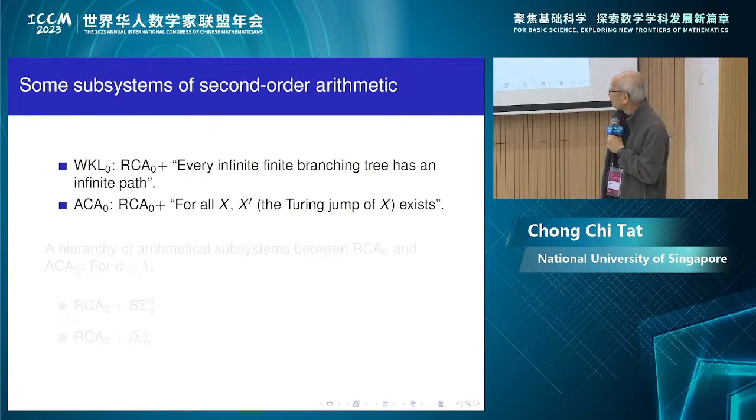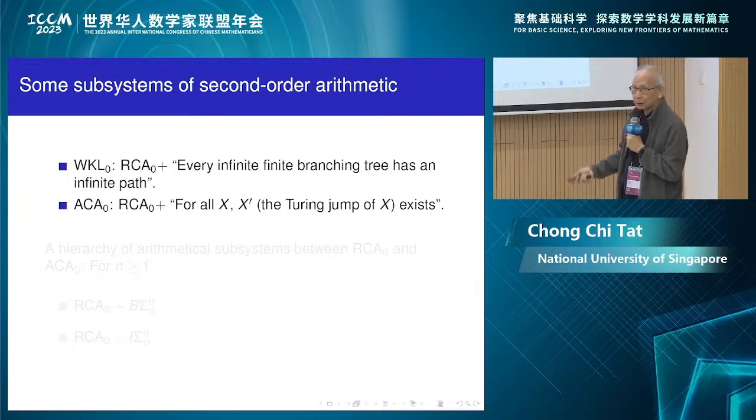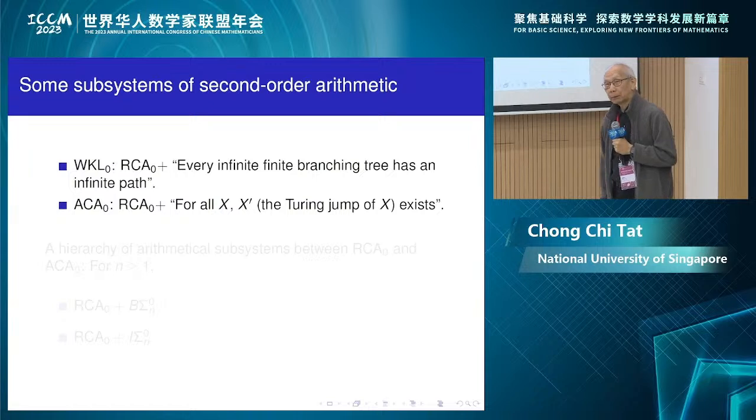X jump, by definition, is the halting problem relative to X. For example, if X is a set of natural numbers, then X jump is the solution of a halting problem. As we know, the set that we call the halting problem is a set of natural numbers that cannot be computed.